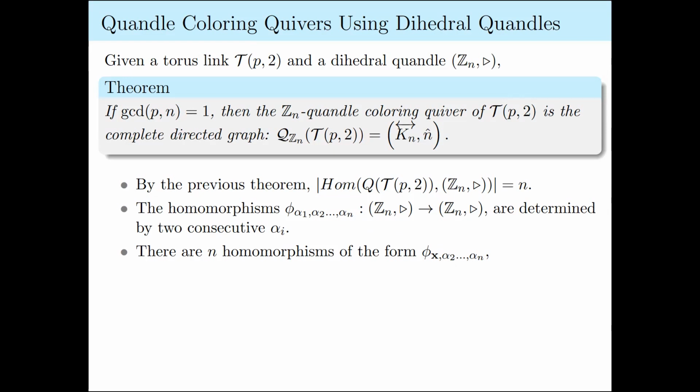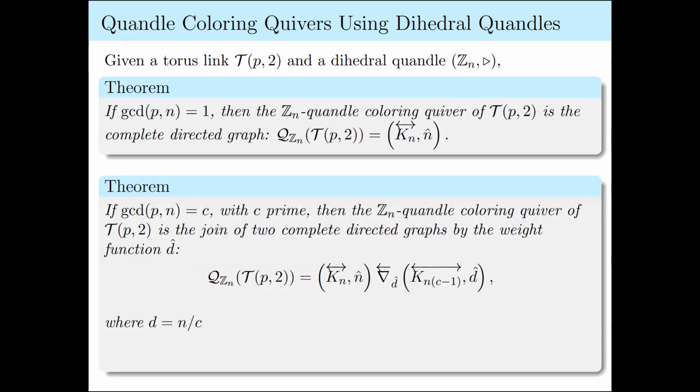In this case, we have n maps leading from the Quandle coloring having all zeros. Repeating this but focusing on the alpha 2 and alpha 3 positions, we also have n maps of the form phi sub x, alpha 2. In this case, we simply shift the subscript over.